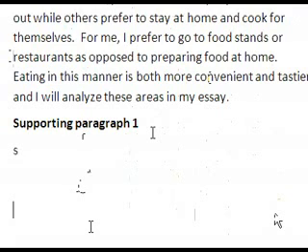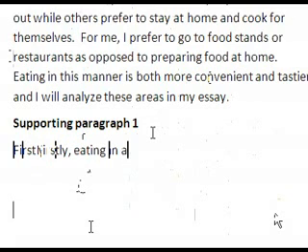Okay, now we write the sentences together. So, talking about the convenience of going to a restaurant, perhaps first a linking word could be like firstly. Firstly. Of course I need to indent.